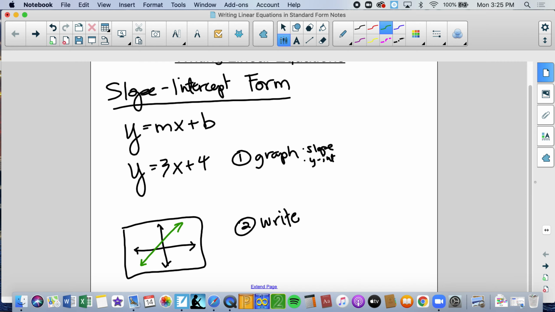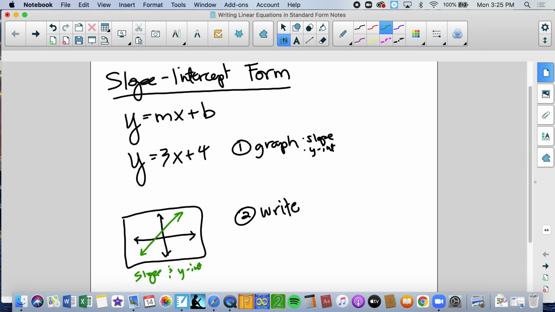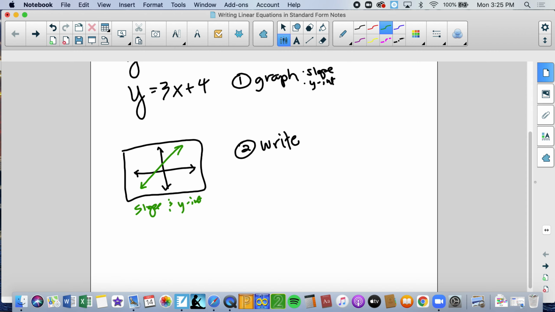We were also given the slope and the y-intercept, and then we had to take that information and write an equation in slope-intercept form. That was the first thing that we did in our first semester.